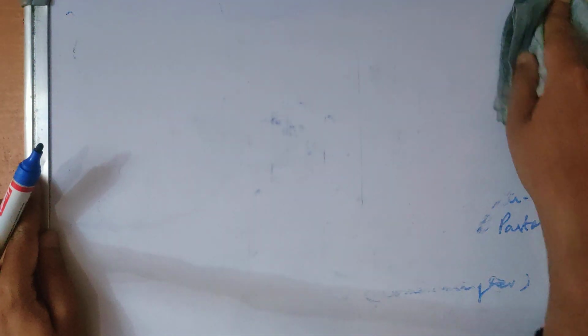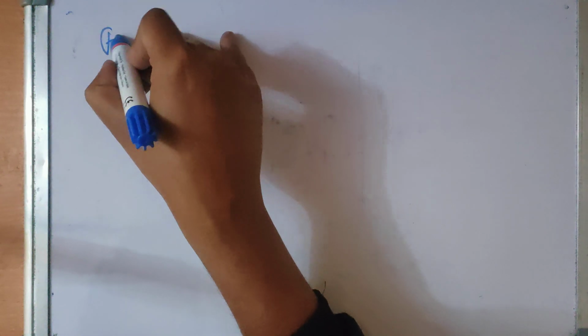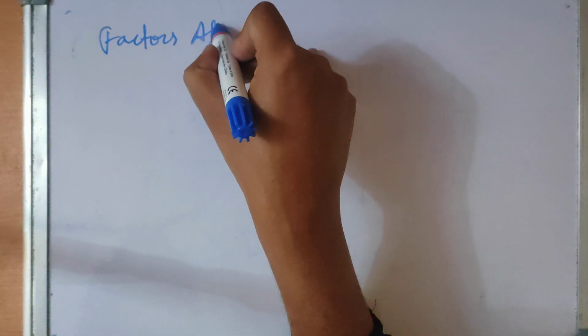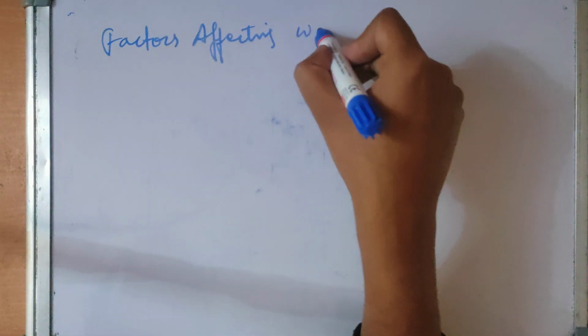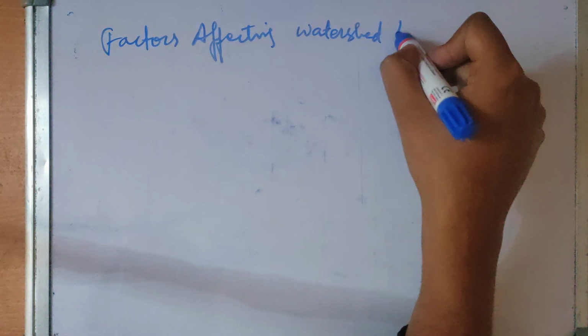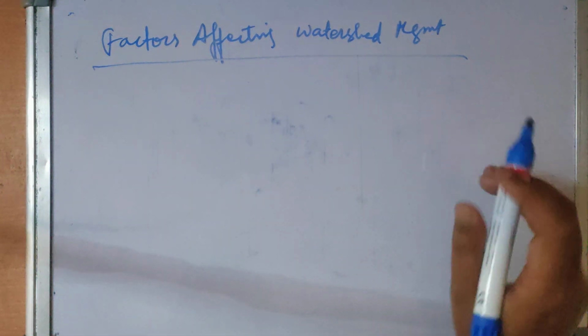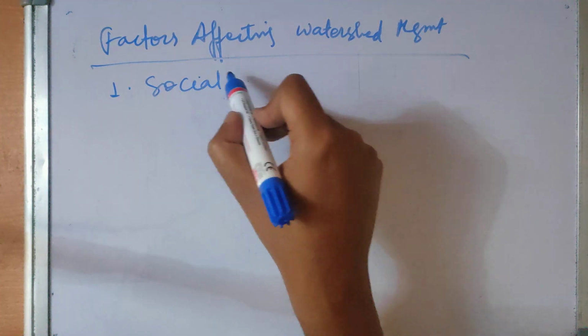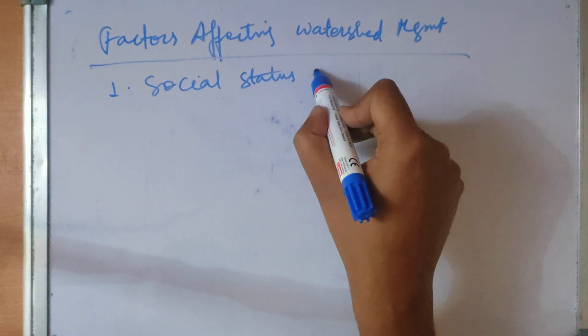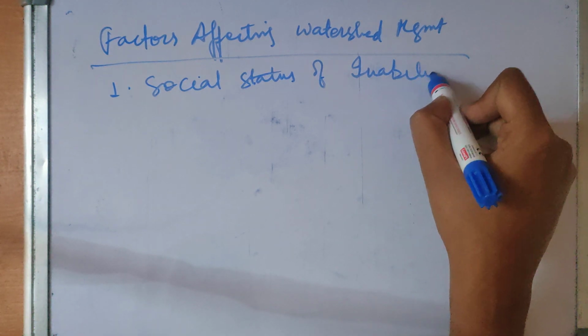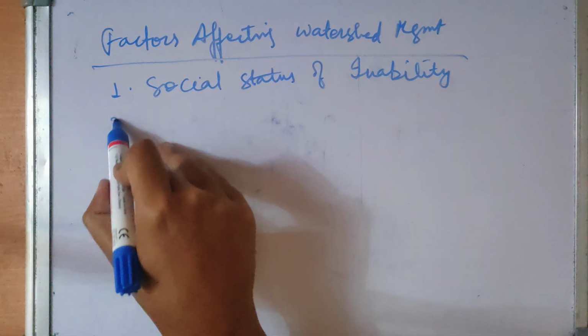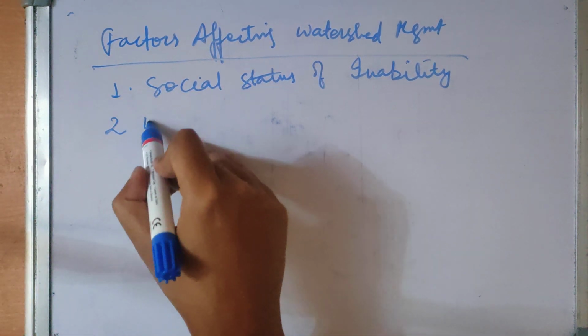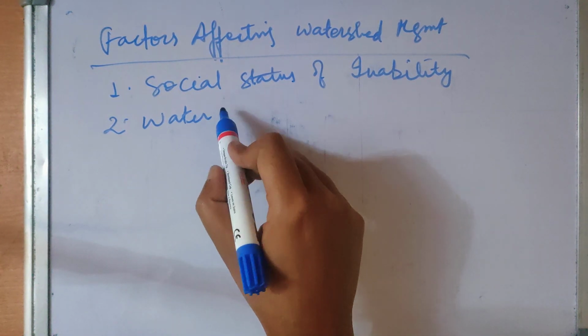Now moving on, what are the factors affecting watershed management? First is social status. If our social status is not good, we cannot have a good watershed.